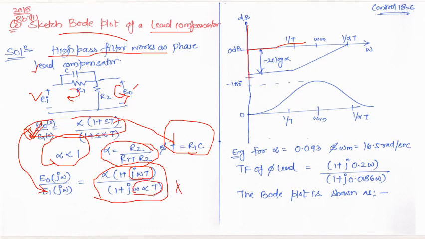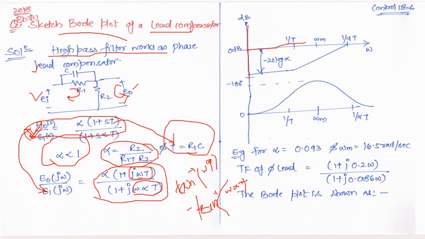Okay, so your phase angle is given by tan inverse of omega t minus tan inverse of omega alpha t. So with this you can easily identify what is the value of phase. Okay, so you need to substitute some value of frequency between 1 upon t to 1 upon alpha t, and you can easily find out the phase and the magnitude of the given question.